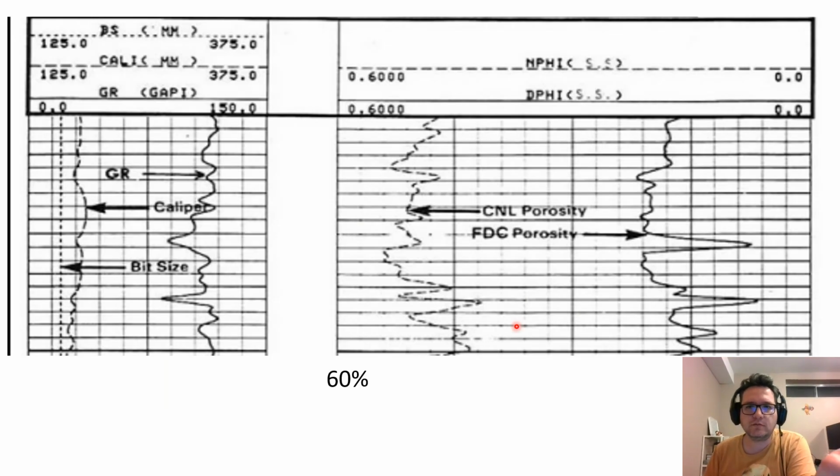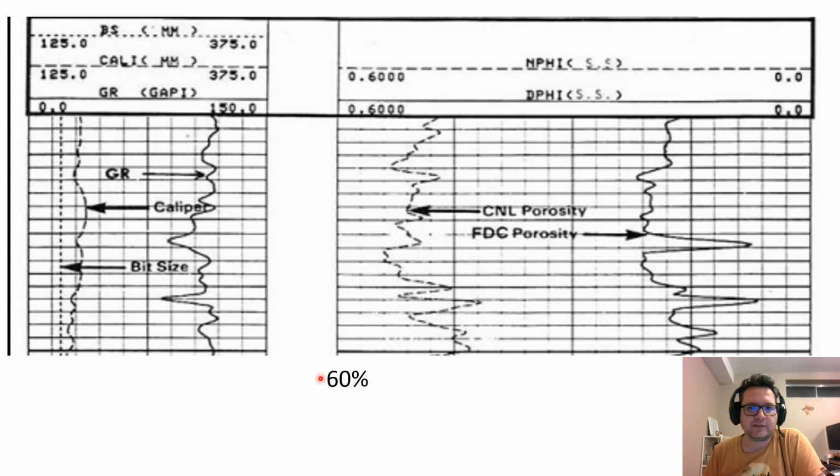Another way that we can get these logs is in a scale of decimals, not percentage, but we still rate it as percentage. In this case, we are going from 0 to 60%. There is no negative porosity here, so the reading is straightforward. Okay.